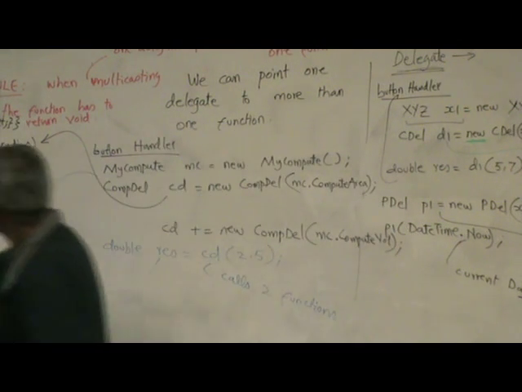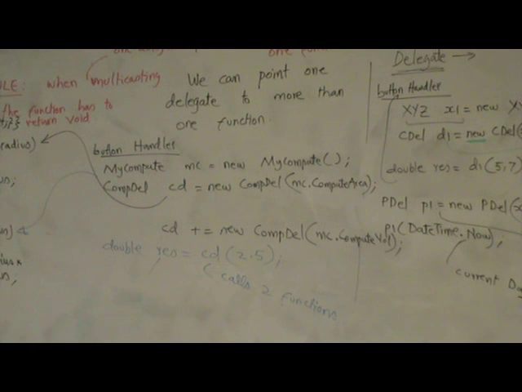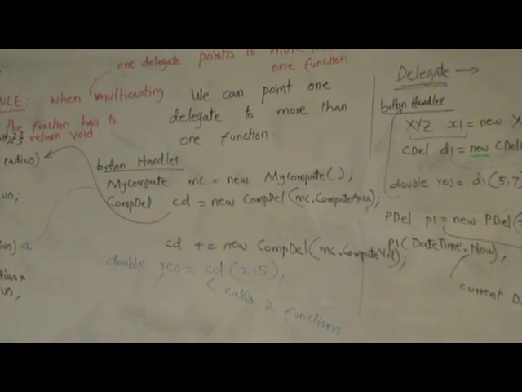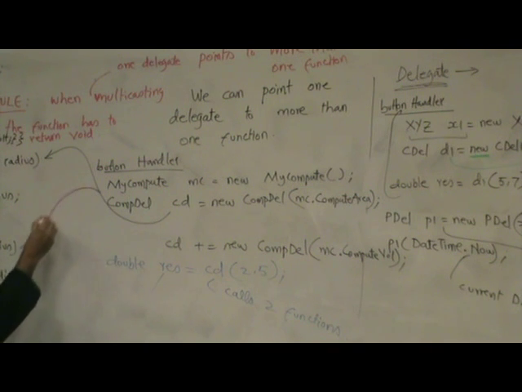Because both of these return void, we are satisfying the rule that anytime we try to make the delegate point to more than one function, that particular delegate or that particular function has to return void. Okay, so we satisfied the rule. It will be able to point to both of these functions correctly.